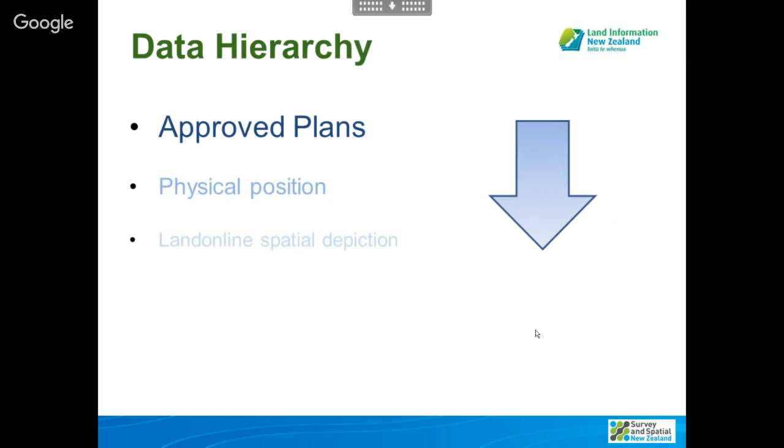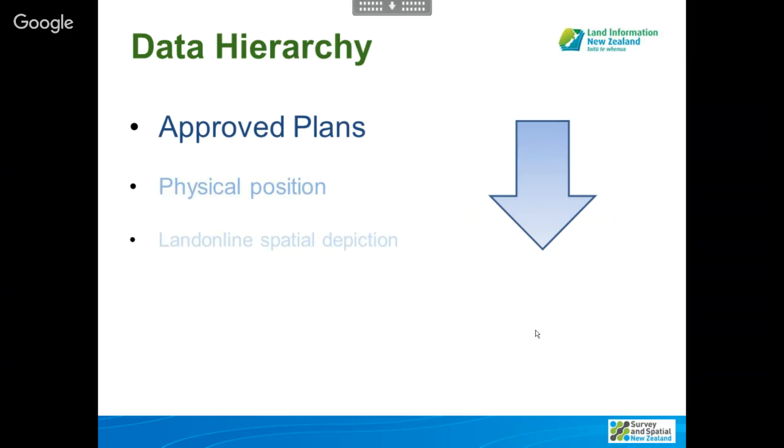That's the first point of call. The next level of information and importance is really the physical position of the river. What does it look like on the ground? The Landonline spatial depiction is the last thing you should rely on. Even in urban areas, while the coordinates at the end of the lines are mostly survey accurate, we cannot totally rely on the shape of the irregular boundary.